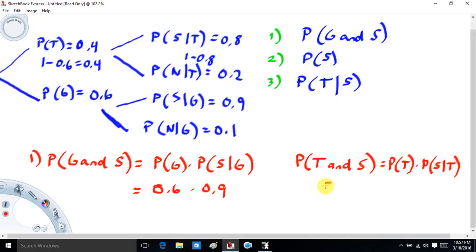And that is going to equal 0.4 times 0.8. We got that from here. We got this information from here and this information from right here. So we know these two quantities and we can write those down.